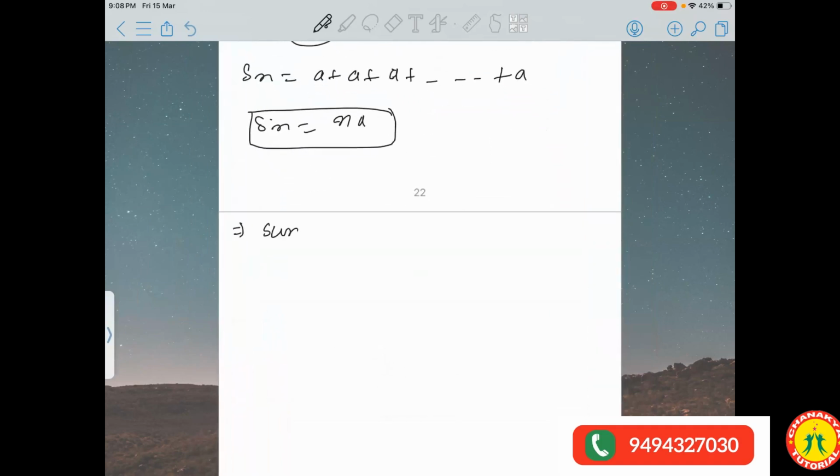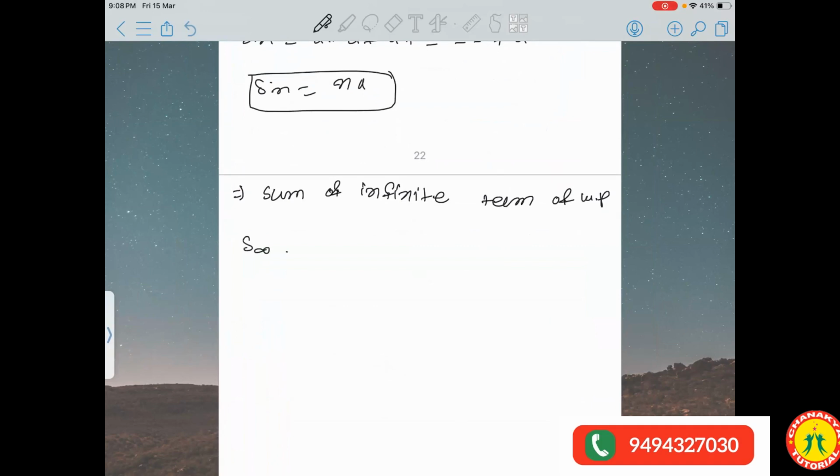This is a very important topic, sum of infinite terms of GP. It means S infinity equals a plus ar plus ar square plus ar power up to infinity, infinite terms.